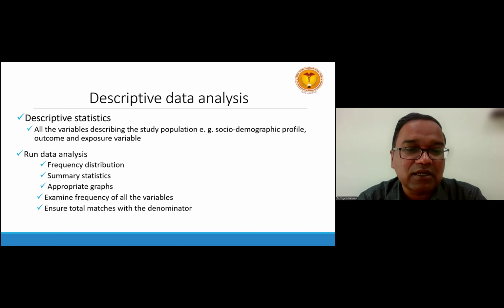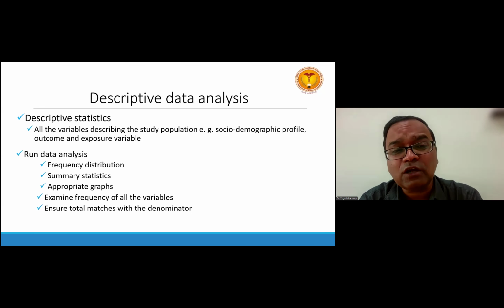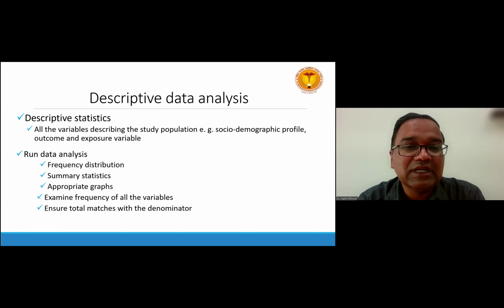This is a good practice because it helps you check for any missing entry or any inadvertent error of data entry. And the denominator should be equal to the sample for that particular research question. So this is one of the important steps in descriptive data analysis.